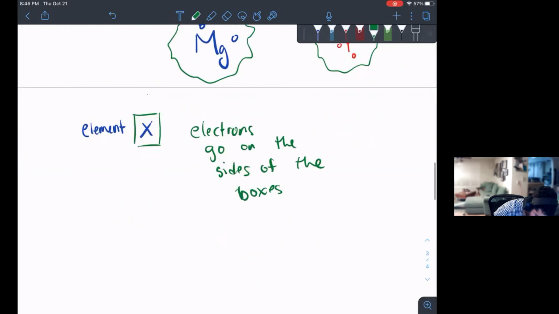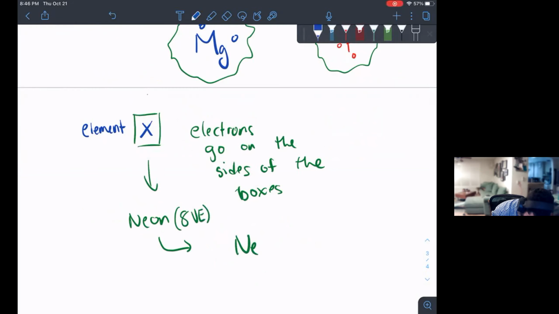So let's pretend element X is now neon. So I'm going to go ahead and write Ne. Neon is a noble gas with 8 valence electrons. So I'm going to put my electrons on the sides of the box. 1, 2, 3, 4, 5, 6, 7, 8. And I have gone ahead and made that box.